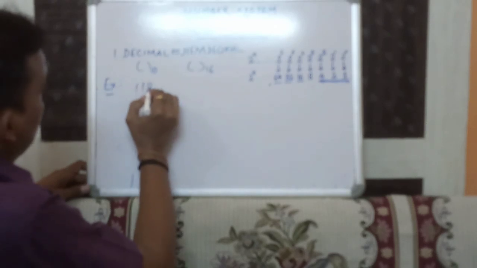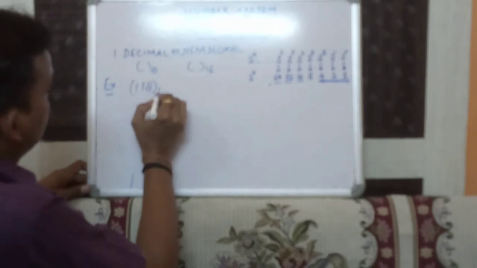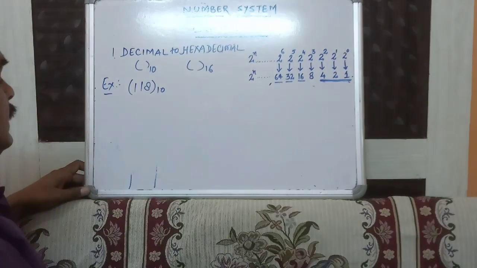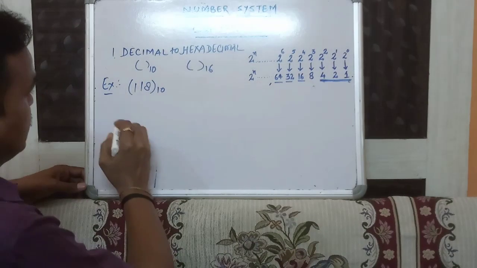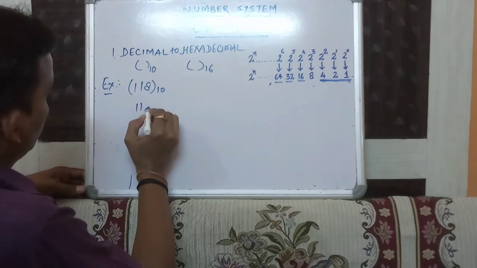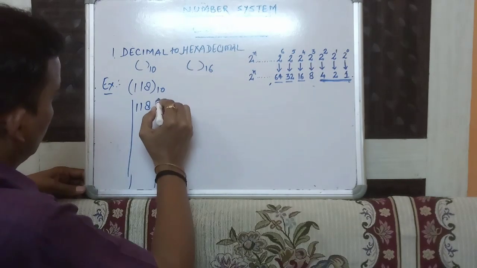So on the same example, we have 118. If we calculate this decimal value in terms of 16, then what will we do? We will just divide the number by 16. So what will be the number? 16 sevens are 112.